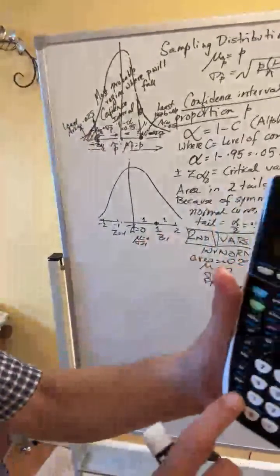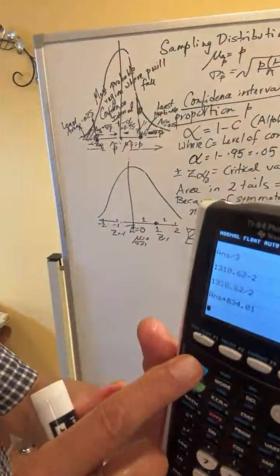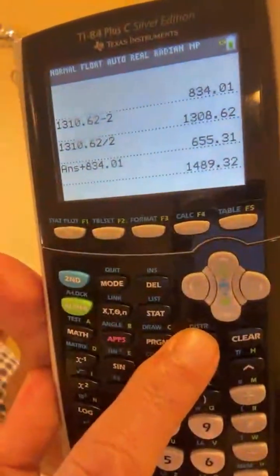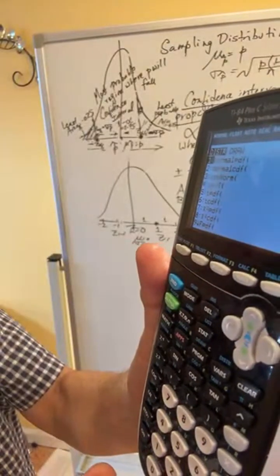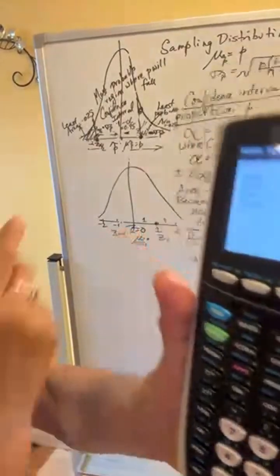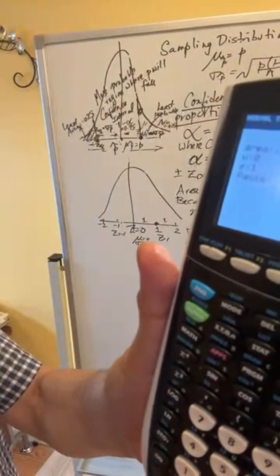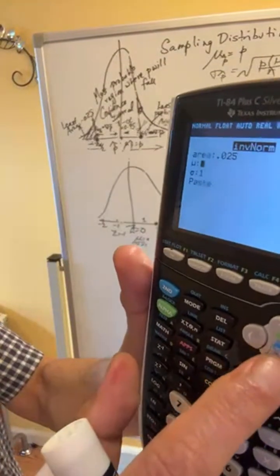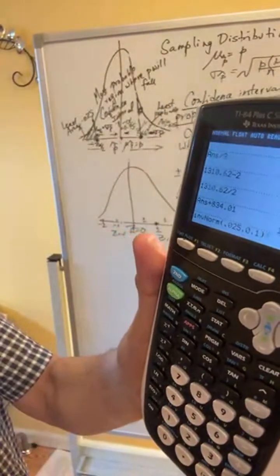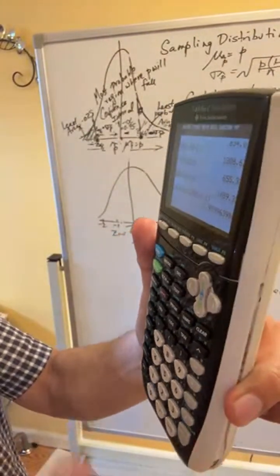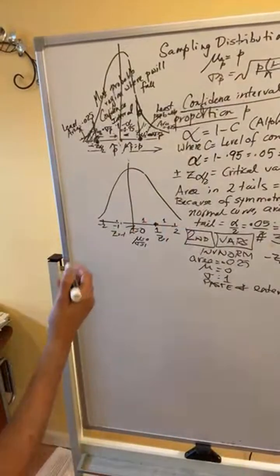Again, how do I do it? I put the calculator on, second button, then the inverse button, which is in the third row, second and inverse, then number 3, inverse norm, area in the left tail is 0.025, mean is 0, standard deviation is 1, and I go down to paste and hit enter, and again enter, and it is minus 1.96.